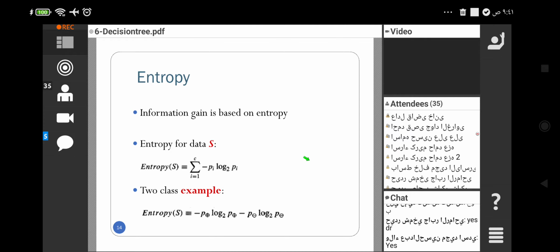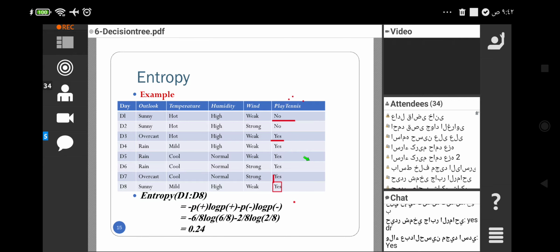Okay, and we said that the information gain is based on entropy. This was the formula of entropy, and this was an example.